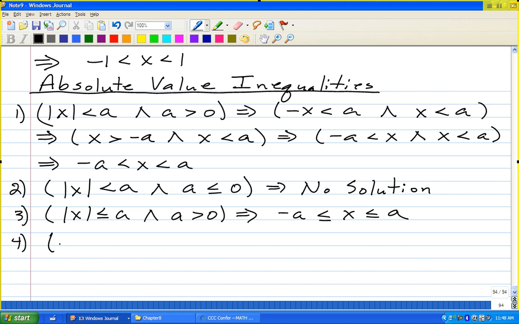Next, suppose I want to solve when the absolute value is less than or equal to 0. Well, it can't be less than 0, therefore it must be equal to 0. And so the only way the absolute value is equal to 0, as we saw above, is when what's inside is actually equal to 0.